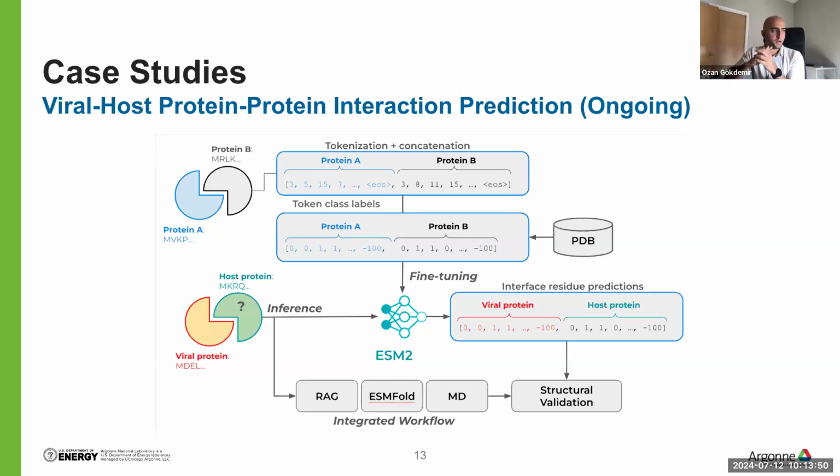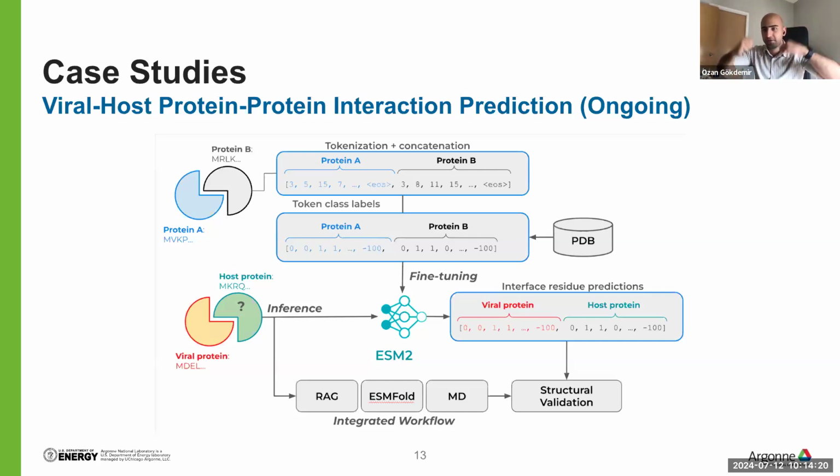The way this goes is you take your corpus, you feed it into RAG, and RAG generates a bunch of hypotheses. Your prompt is something like, protein X, which is a viral protein, is known to interact with host proteins Y, Z, and Q. What other protein could it be interacting with?